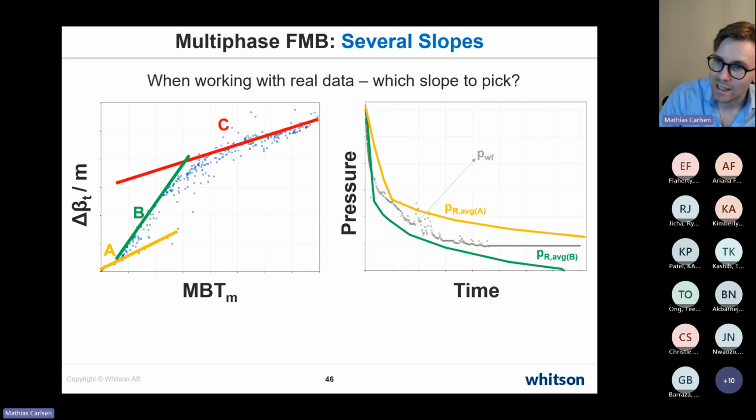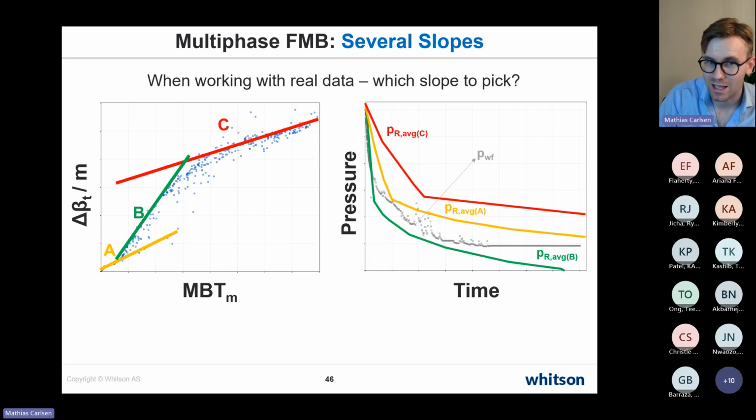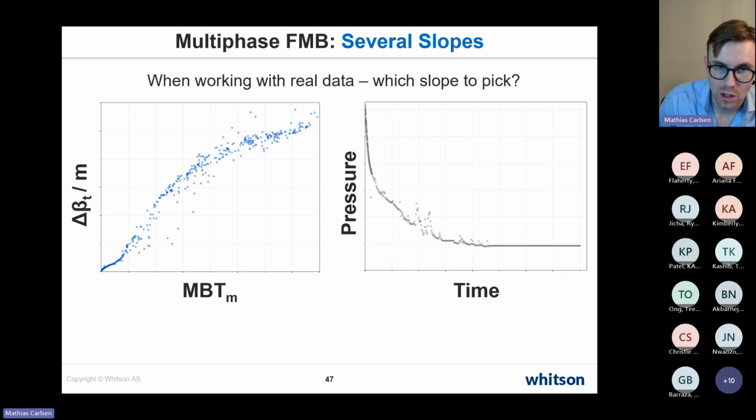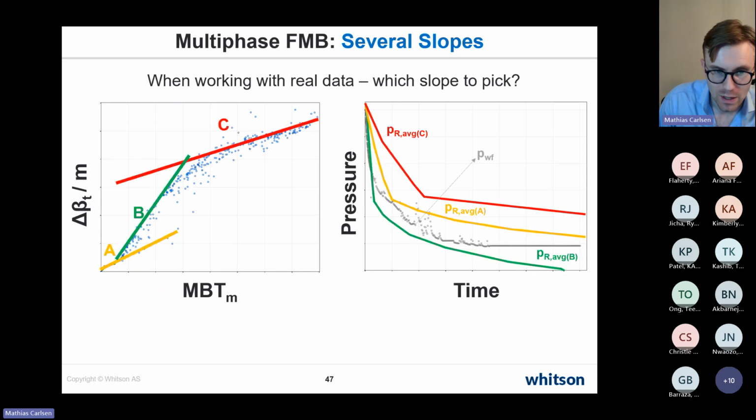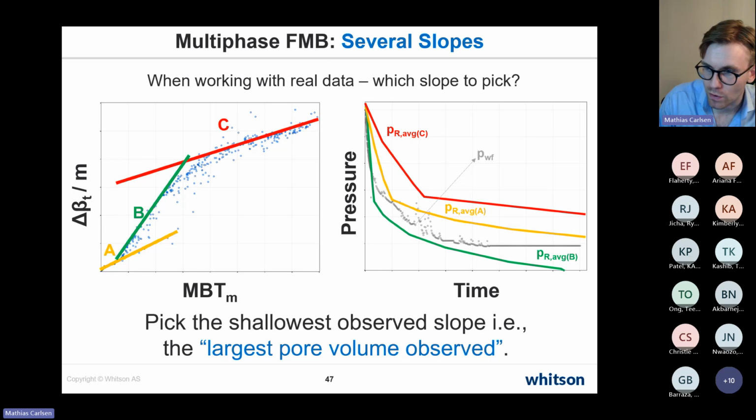And then slope C, that's when we've probably seen more of the reservoir volume. In this case, that's a little bit shallower than slope A, which means that it's a bigger pore volume. Hence, the average pressure will be larger versus time. Now, of these three slopes, slope C is the one that you should pick. So always pick the shallowest observed slope. That's the general lesson for this.